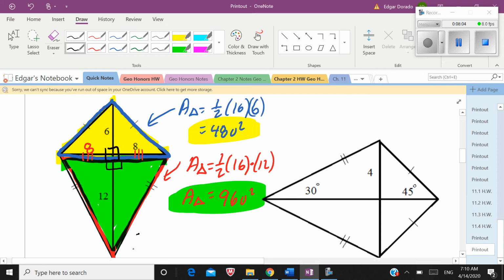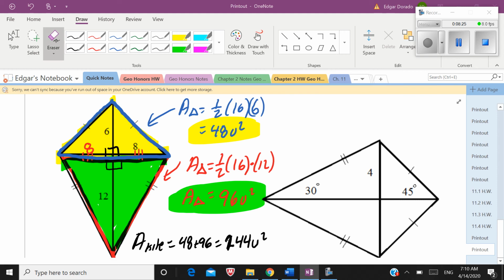So final answer, the area of the kite is going to be 48 plus 96 for a final answer of, if I'm not mistaken, 244 units squared. Okay, so even though we didn't really have a, sorry, not 244, 144. I knew that sounded kind of off. 144 units squared.